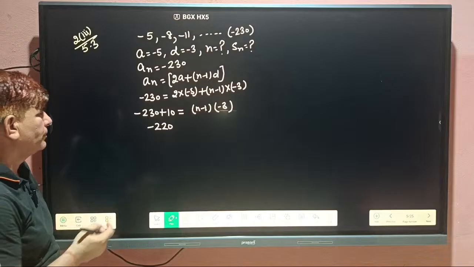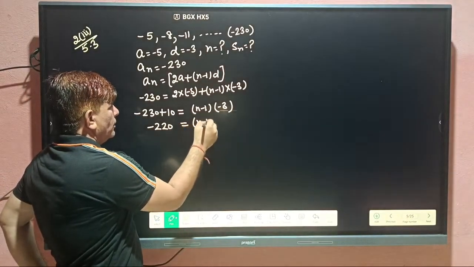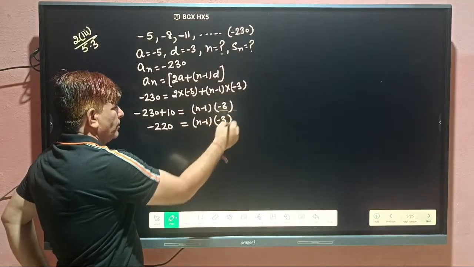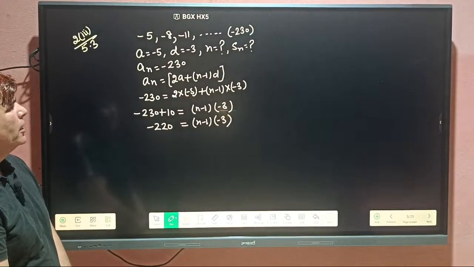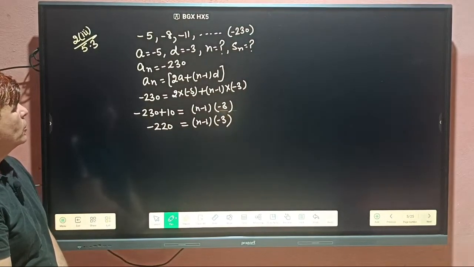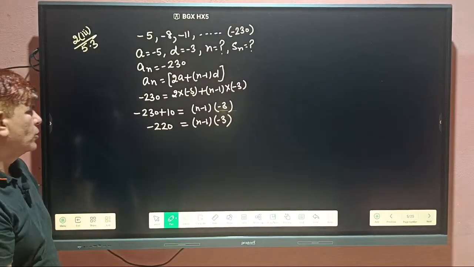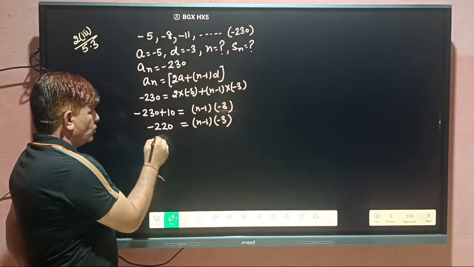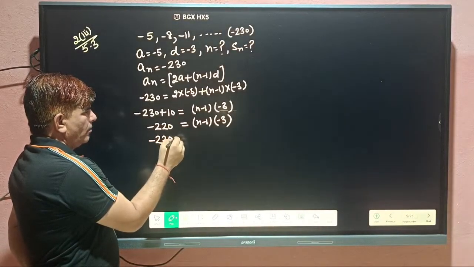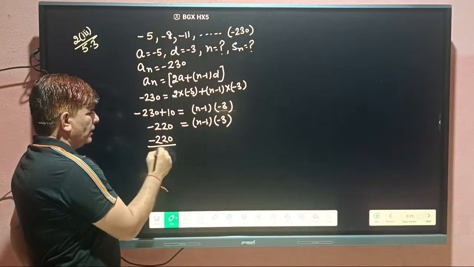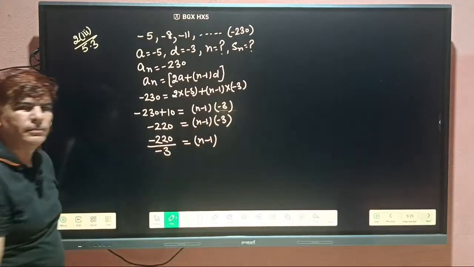So what's coming? Equal to (n minus 1) into minus 3. a equal to what? Minus 5, 5 twos are 10. So minus 220 by minus 3 equal to n minus 1.